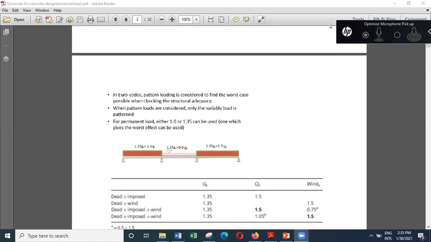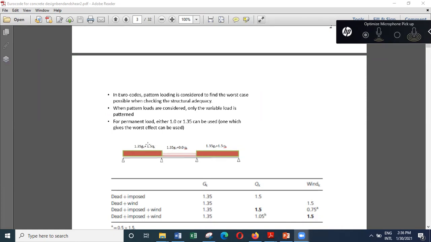So this is one of the variations that you can see in Eurocodes. You will always see that the most unfavorable action is used in every span, or the most favorable action is used in every span.